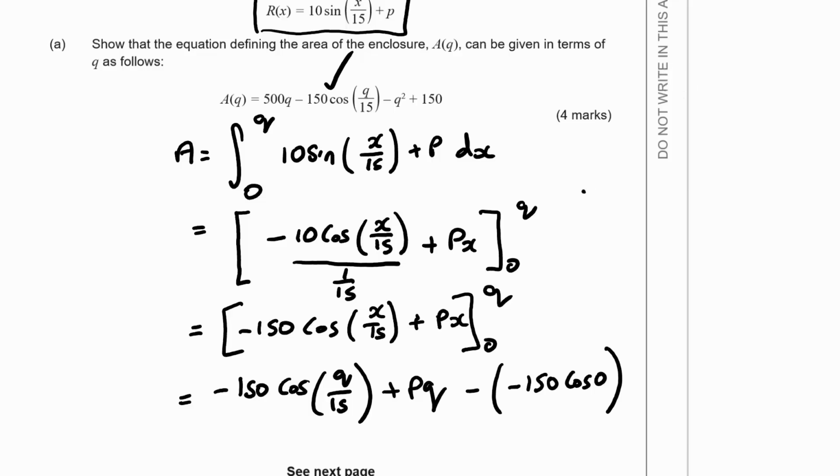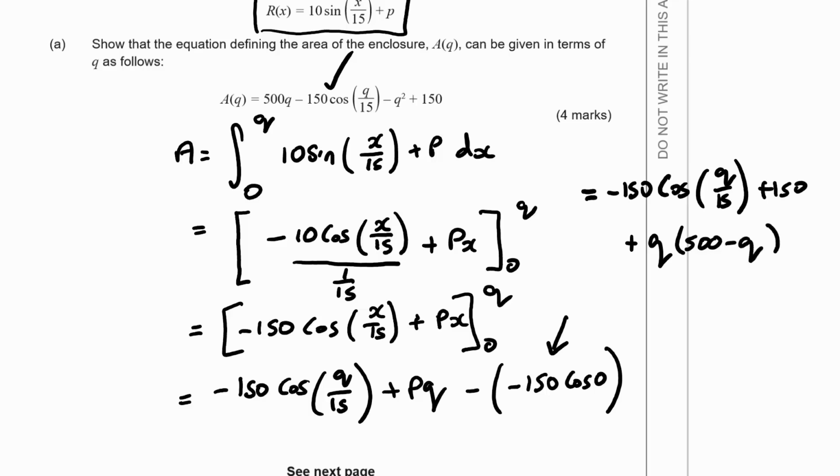maybe use here, got a bit more space. So I've got negative 150 cos q over 15 plus 150 for that bit there, so minus minus, cos 0 is just 1, plus, and this expression just has q in it, so it's going to be q, and p, of course, is 500 take away q from what we discussed right back at the beginning, that p plus q is equal to 500.